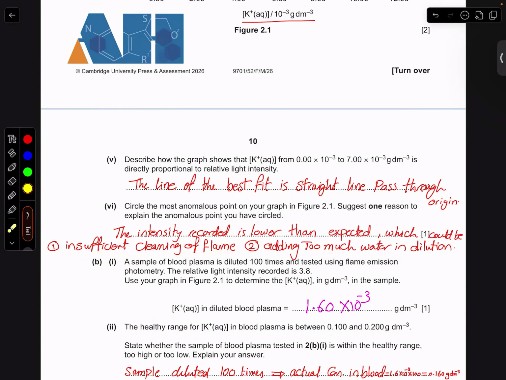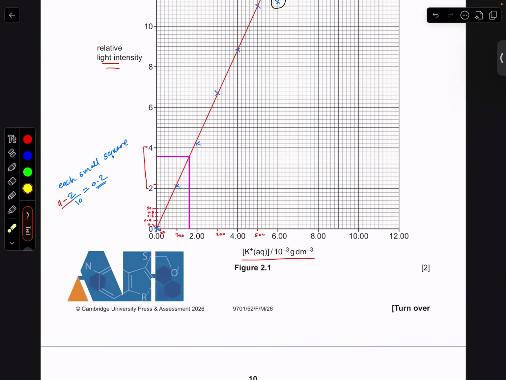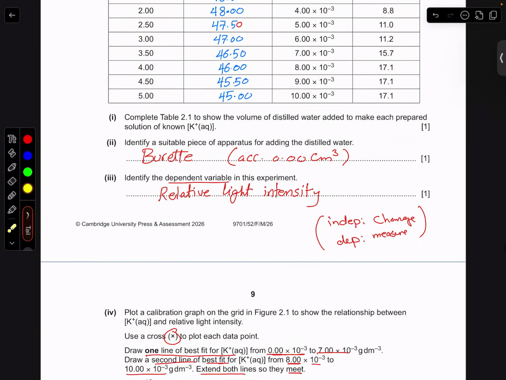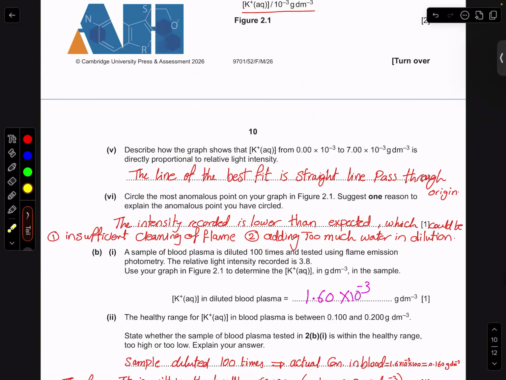Or maybe the flame is good, but in the concentration prepared we put too much water and diluted too much, and we didn't measure the exact amount of water to dilute the solution. Or we didn't record the correct amount, and maybe we put more than 47 distilled water. Too much water is added, so the concentration becomes very diluted, or this amount is not measured in the correct way. So these are the reasons why we get intensity lower than the expected value.